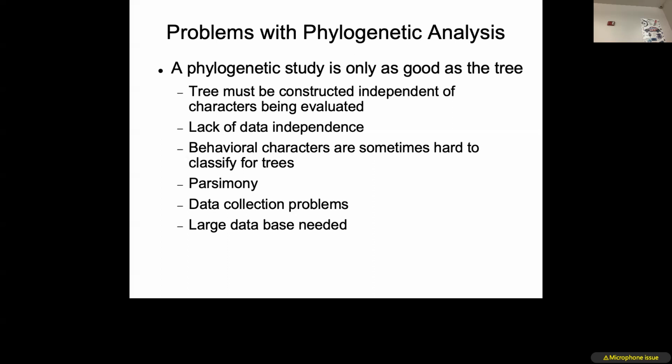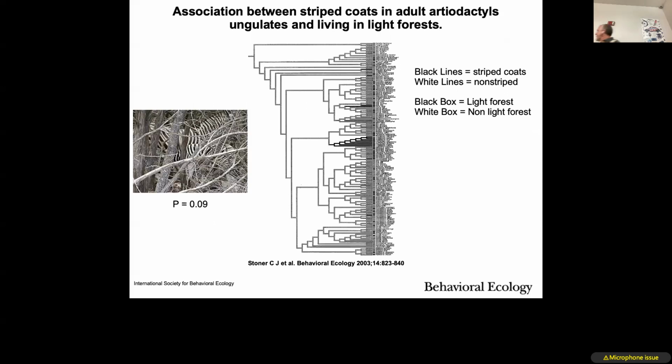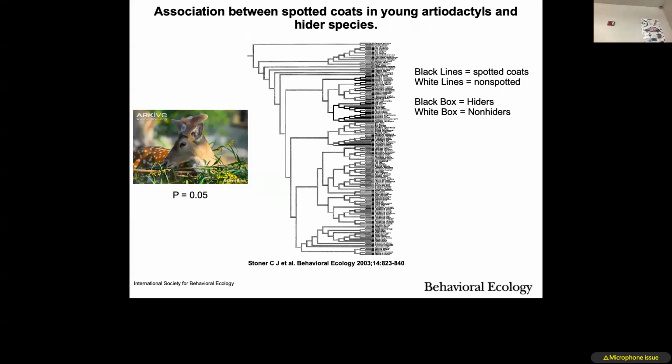So as an example, for a little silly result sentence, I'll go back a few slides to make the point. A very simple sentence for here, where a lot of scientists would stop, is saying that there's no relationship between the striping pattern of the ungulates and the likelihood that they're in a light forest. Or maybe even better, I'll go back one more, so I think I make a better case for here. There is a relationship between spotting and ungulates and hiding.